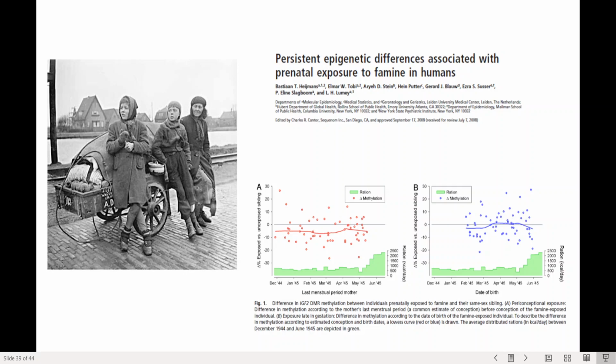Right? So very early life conditions, just after conception, the conditions that the mothers experienced set the parameters of their still unborn babies and influenced their health in later life.